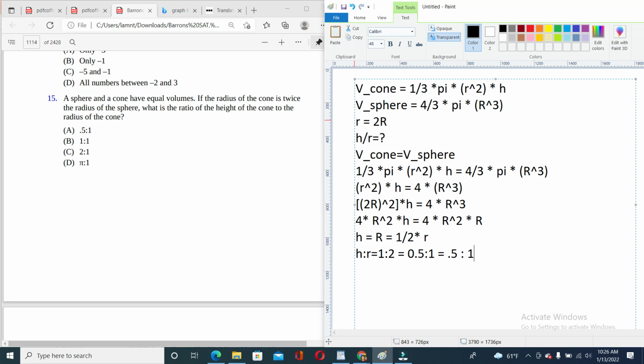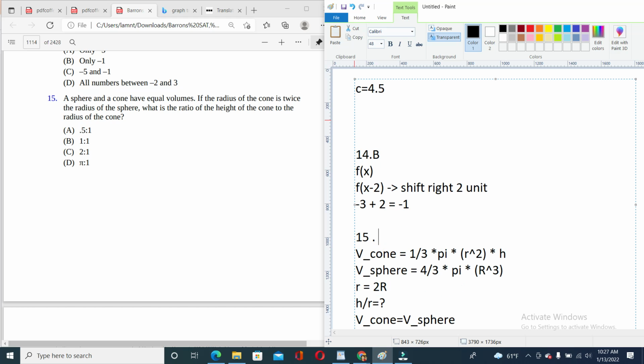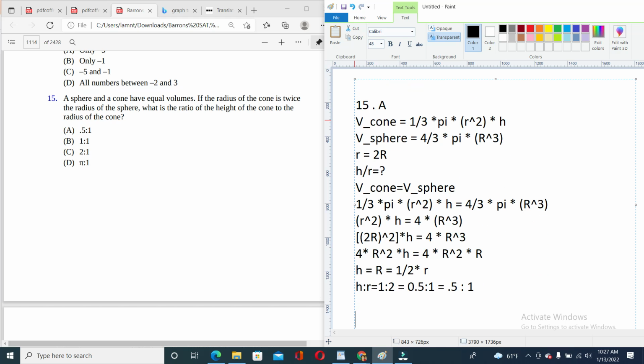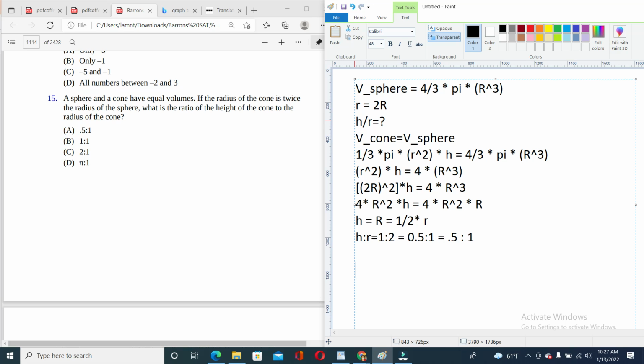Many students make the mistake that the answer is 5 divided by 1. Well, it's actually 0.5 divided by 1. So our answer is A. 15 is A. Okay. So it's 0.5 or 0.5 divided by 1, like that.